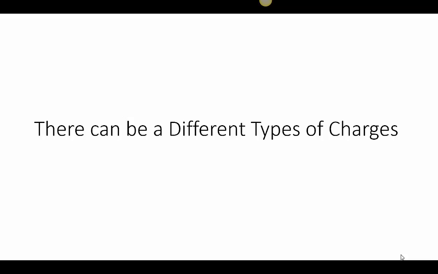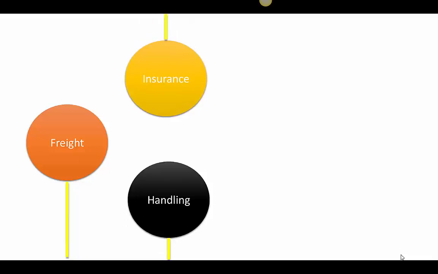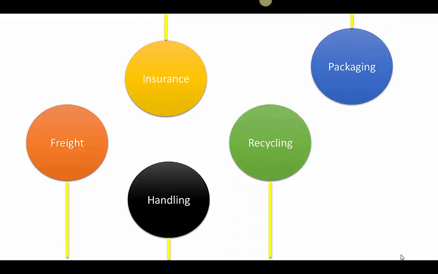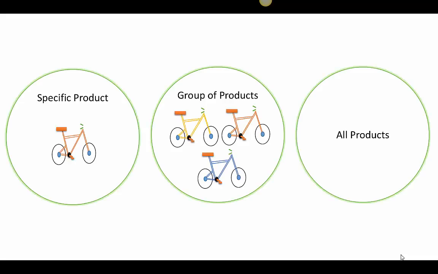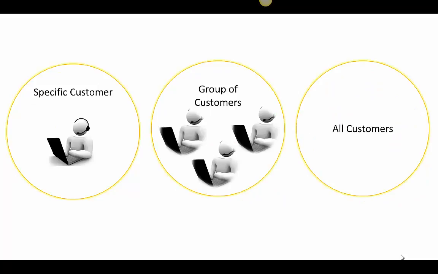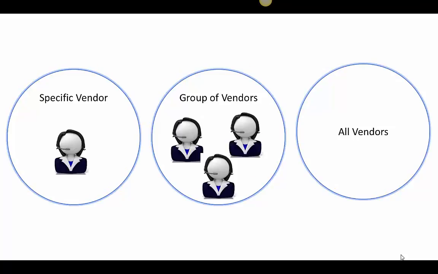There can be different types of charges. For example, freight charge, insurance charge, handling charge, recycling charge, packaging charge, and postage charge, etc. Charges can be set up for a specific product, for a product group, or for all products, or for a specific customer, group of customers, or all customers, or for a specific vendor, group of vendors, or all vendors.